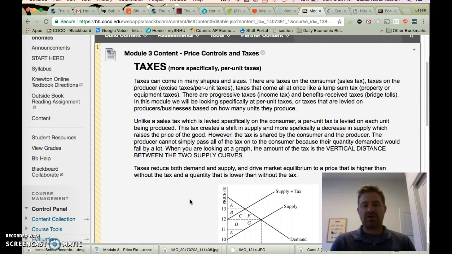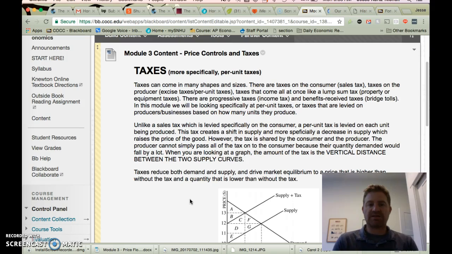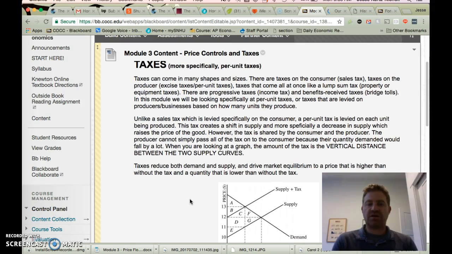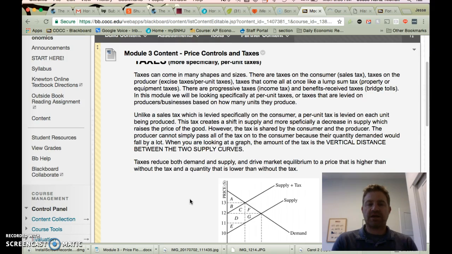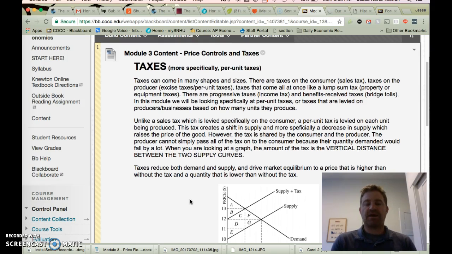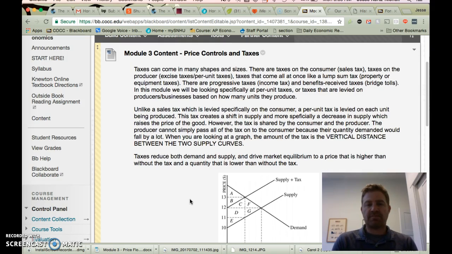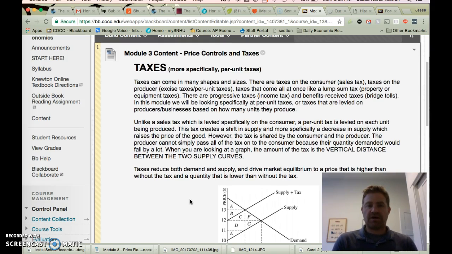What we're going to be discussing this week is a per unit tax, when a tax is instituted on the producer based on the number of units that they produce. So if you're taxing a candy company, it's per piece of candy or per bar of candy, not just a tax based on their sales or something like that.